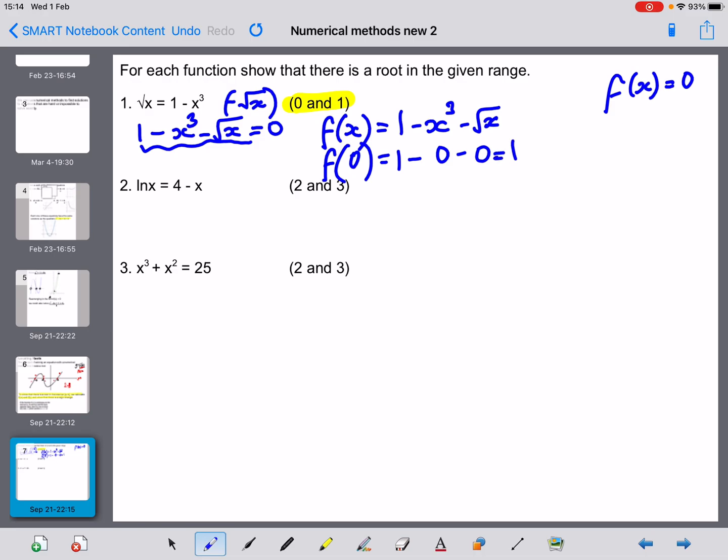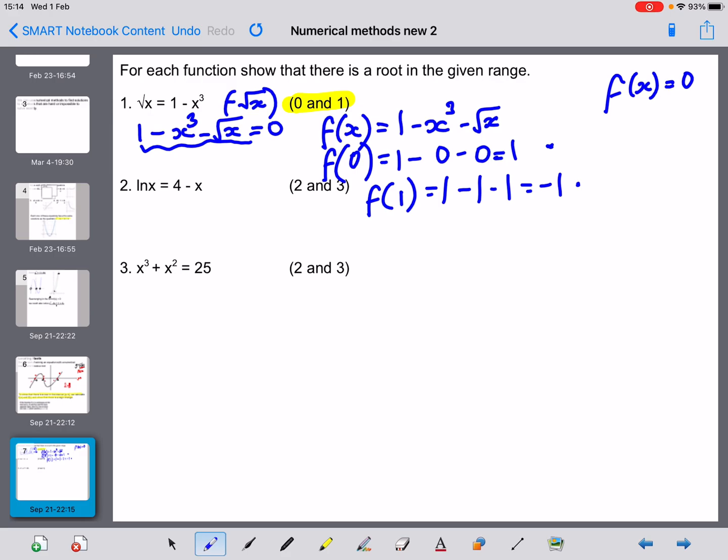Now if I do f of 1, I will get 1 minus 1 minus 1, which is minus 1. So this is positive, this is negative, which means if there is a sign change, there must be a root or a solution to that equation that is in the interval 0 to 1.